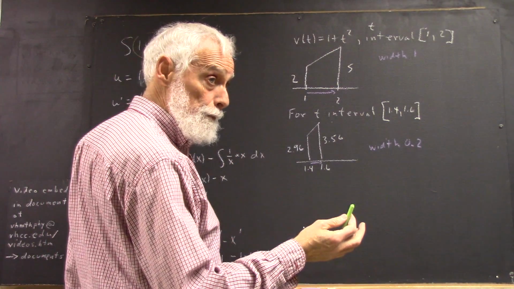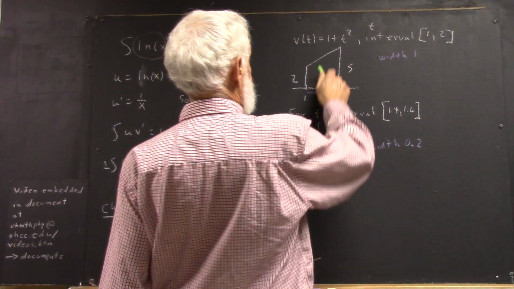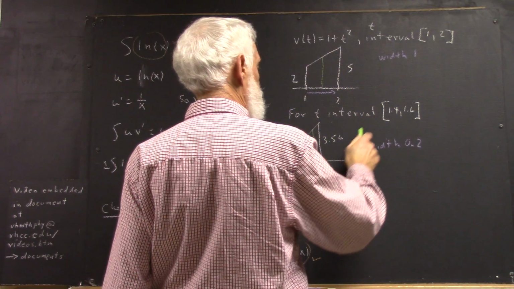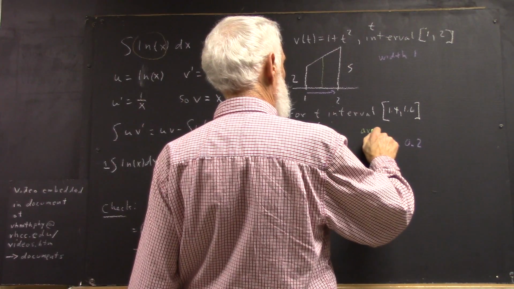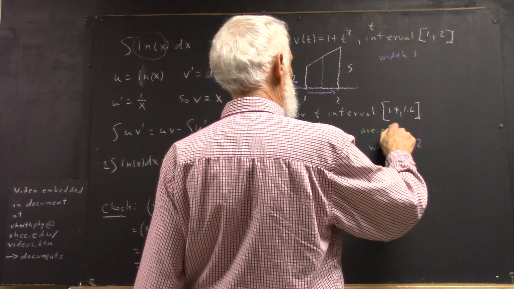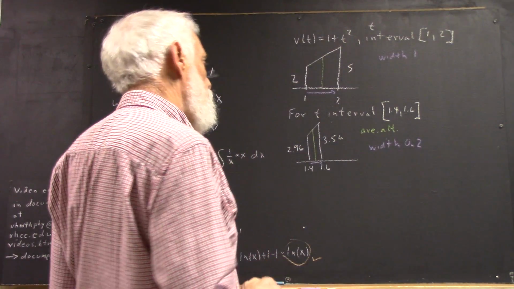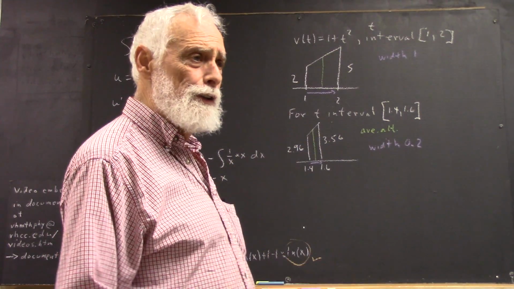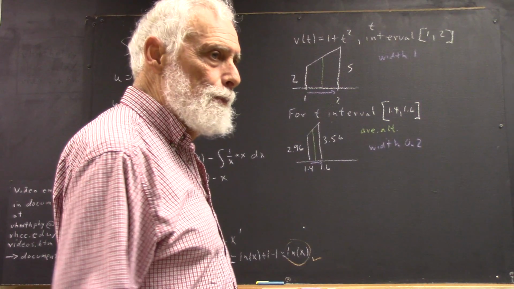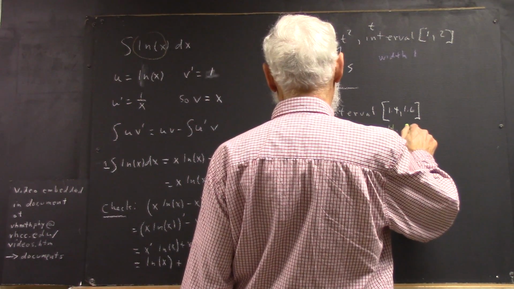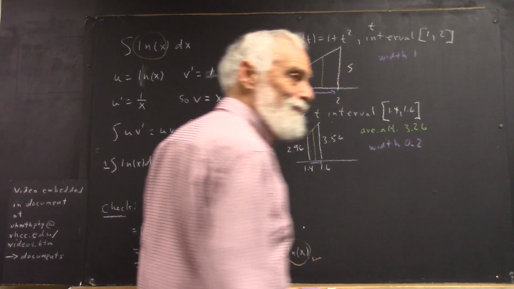Average graph altitude is, well, between 2.96 and 3.56, the difference is 0.6. Half that difference is 0.3. So if I add 0.3 to 2.96, I get 3.26.